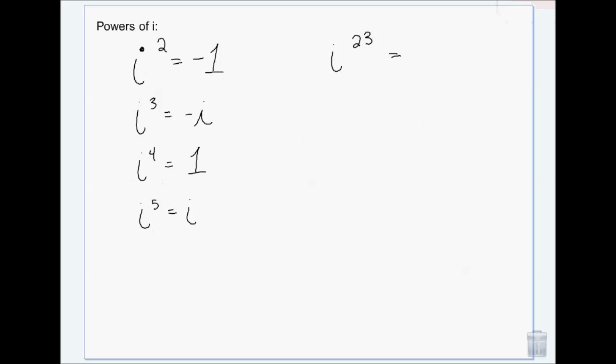And this is what I was talking about. So here's my pattern, right? i squared is negative 1, then I have negative i, and then I have 1, and then I have i, and then it repeats. So if I want to know i to the 23rd, I already know i to the 5th is i. So I can go 6, 7, 8, 9, 10, 11, 12, 13, 14, 15, 16, 17, 18, 19, 20, 21, 22, 23.